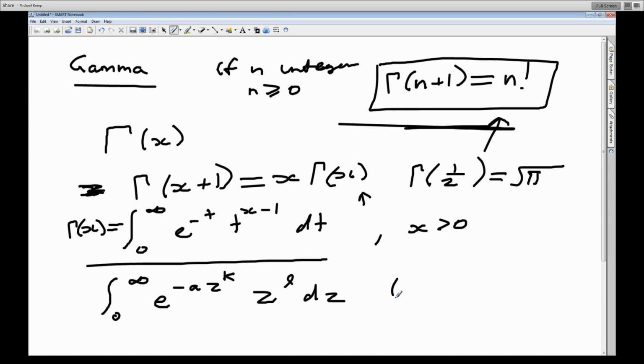Then if you simplify this power, so let the a z to the k just be a simplified power t, and then simplify it down, then you can reduce this sort of integral to be something close to an integral for a gamma distribution, and therefore rewrite this in terms of the gamma function. So you can use it for lots of them. So if the limits are right, it works really beautifully. If the limits aren't quite right, you get almost a gamma function, and that would be called an incomplete gamma function, which are also useful. The formulas for which are getting even harder to work with.